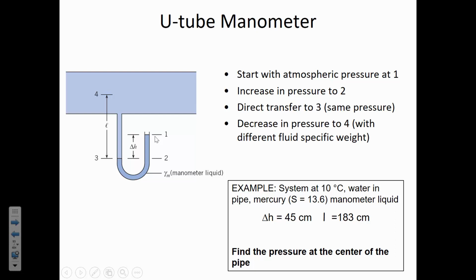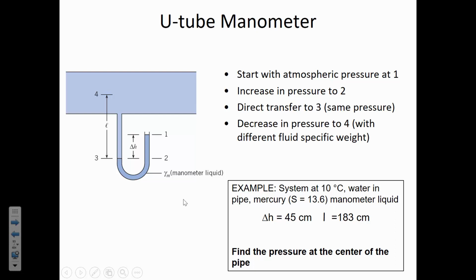So here in this first illustration, let's say, for instance, that we have water that is at 10 degrees Celsius is what's flowing through the pipe. And then the manometer fluid that we're using is mercury. And mercury is a good manometer fluid from the standpoint of it's very dense.